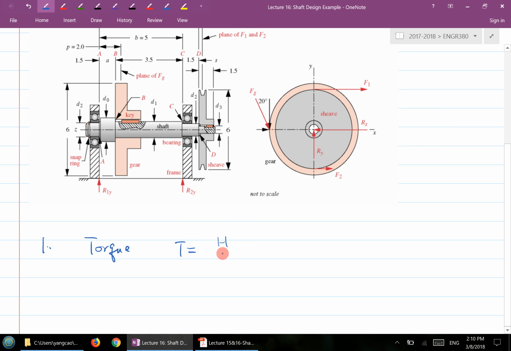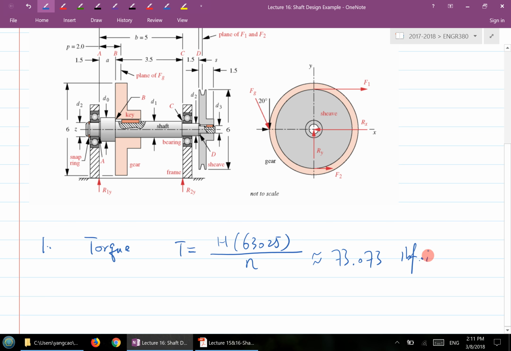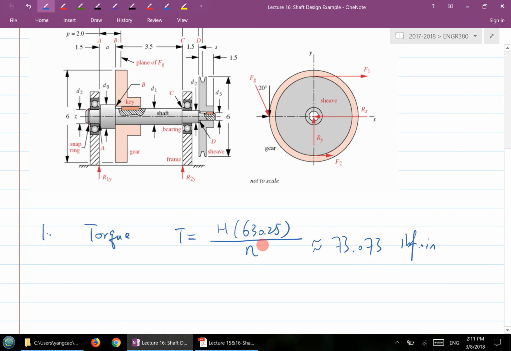We use the formula H times 63,025 divided by the revolutions per minute. That gives us the amount of torque, 73.073. The unit is pound-force inch. That's the standard unit whenever you use this formula.